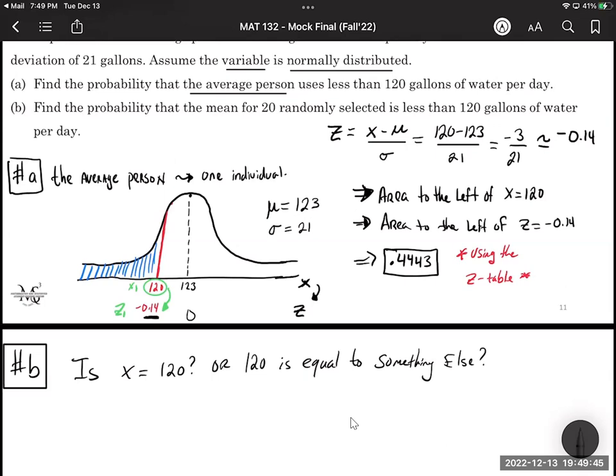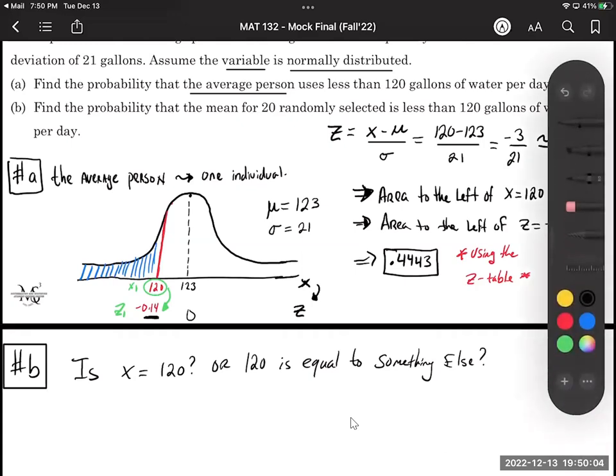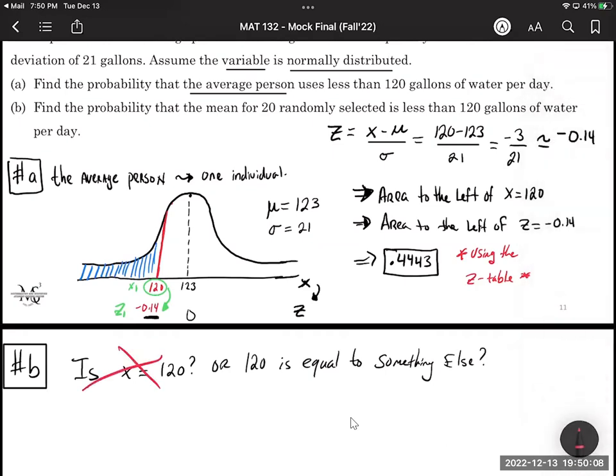Is this one with the X bar? You tell me. It is with the X bar? That's right. So if it is with the X bar, should X be 120 here? No, right? So it is not X equals 120, but 120 is equal to something else.